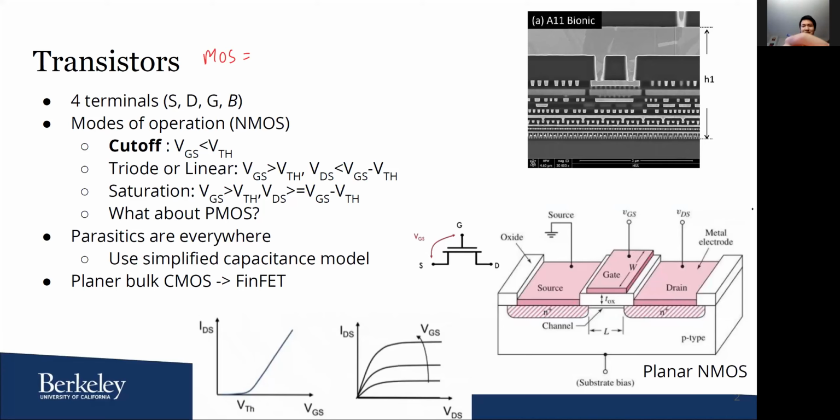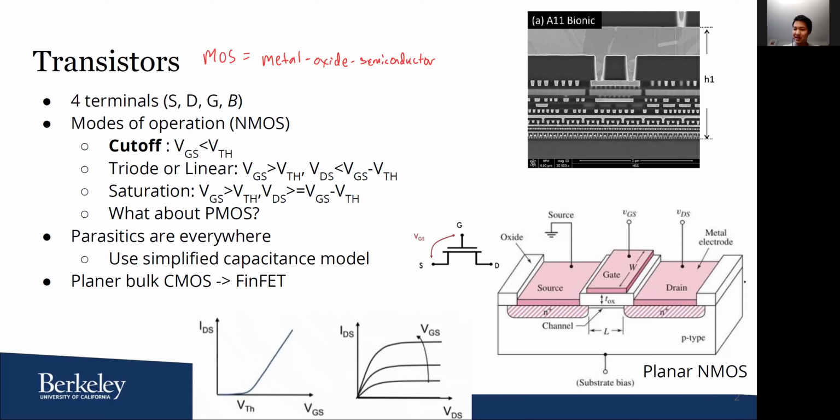What does MOS stand for? It stands for metal oxide semiconductor. And this actually has to do with the structure of the MOS transistor.